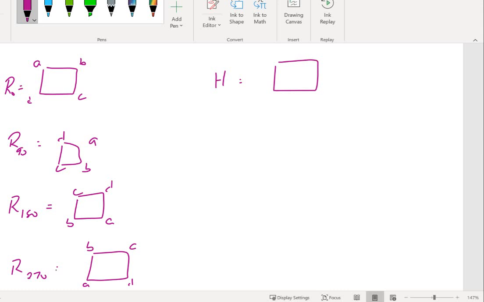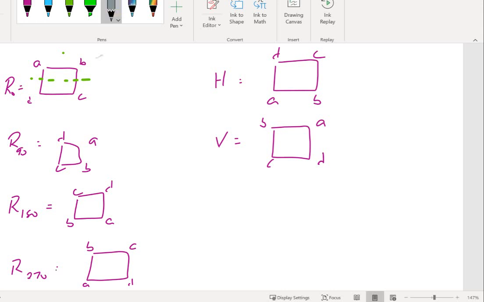Now H is flipping this over the horizontal axis, right? If I flip that over the horizontal axis, I get a square where there's those vertices. If I flip it over the vertical line through the middle of it, and then we could flip over the diagonals. So this one I'm going to call D, and this one is D prime.